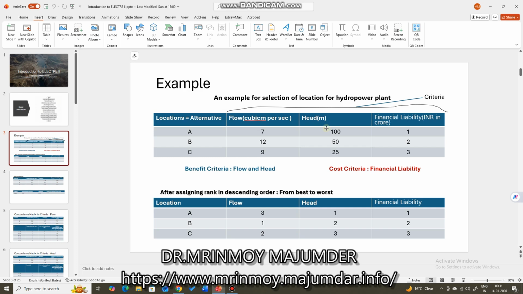But in case of financial liability, it is the cost criteria, so the more the financial liability, the less preference you will give to the location.